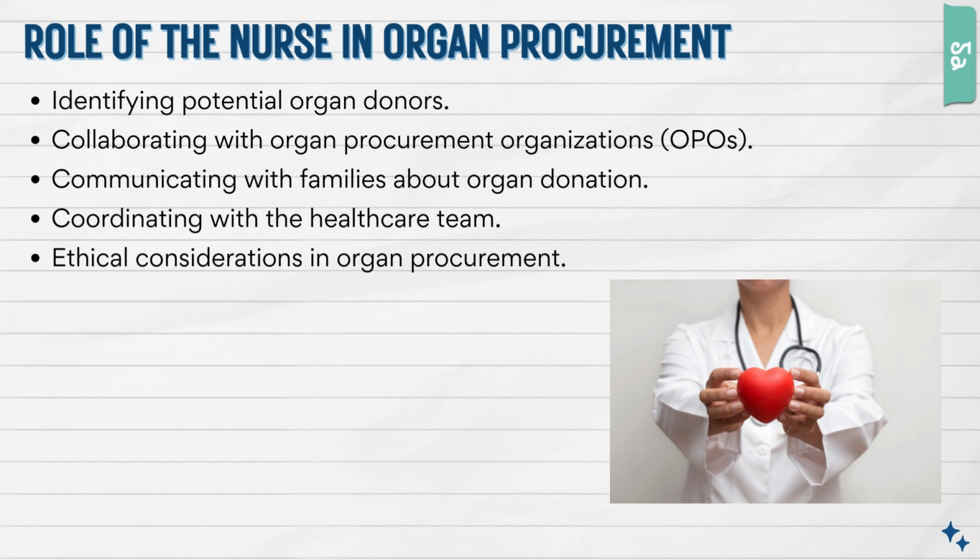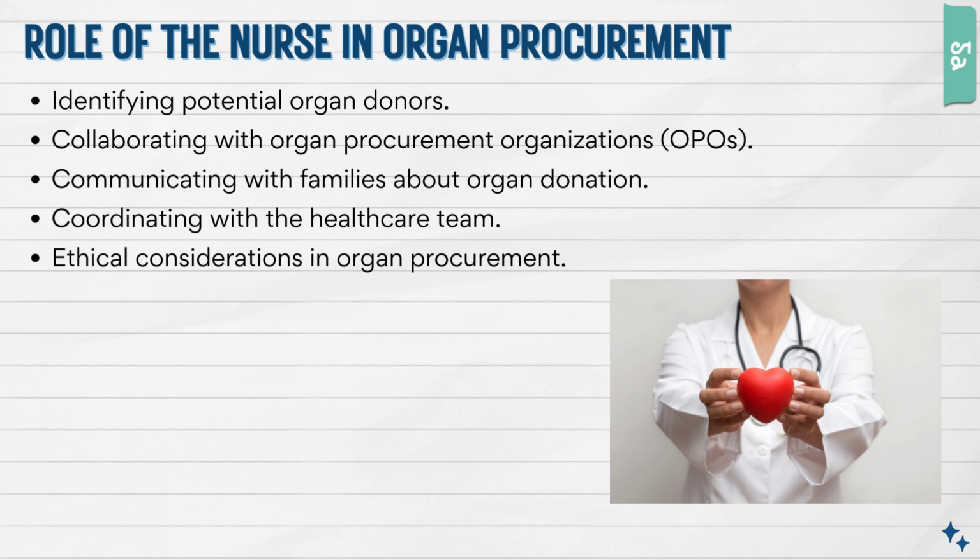You need to be effective in your communication because that's key, as families may have questions and concerns about organ donation and what happens, and they have just tons of questions. And sometimes it takes some time to come to terms with what's going on with their loved one. So our role as nurses is not to persuade the family, but to inform them, providing clear, factual information that helps them make the best decision for their loved one.